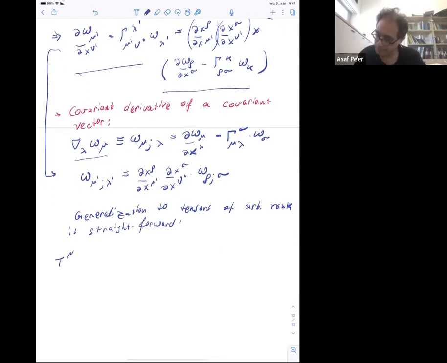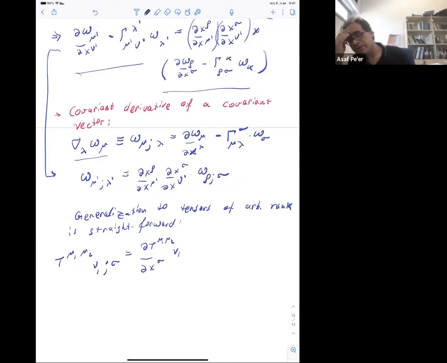Right. Take T mu1 mu2 with lower index mu1, covariant derivative with respect to sigma, right? So we start with a regular derivative. So this will be dT mu1 mu2 over dx sigma. Now we said that for every upper index, we have a plus gamma. For every lower index, we have a minus gamma. So the gamma would be plus gamma. We take the index mu1, right? And then the lower indices will be sigma and the dummy index lambda.